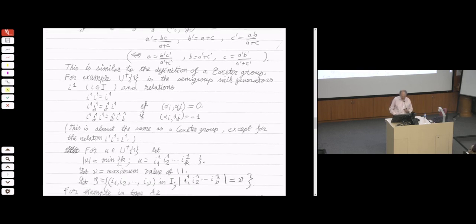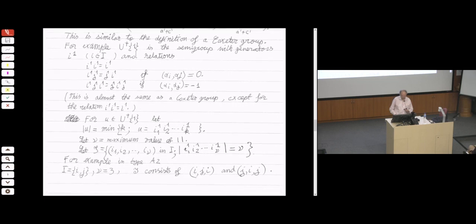So now I need some notation. In this U plus corresponding to the semi-field k, there's a notion of length. This is the minimal number k such that U is a product of k generators. And then denote by nu the maximum value of this length. Then you can look at all sequences in vertices.